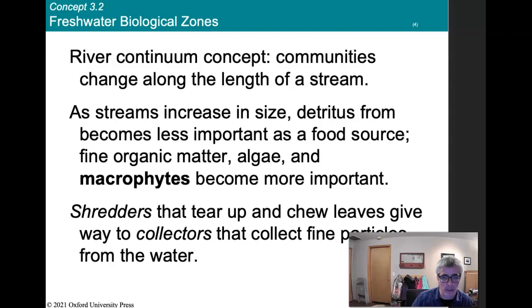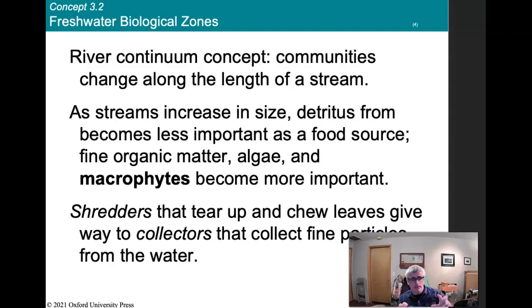And so this is what I referenced earlier, that there's a river continuum concept. As streams increase in size, detritus becomes less important as a food source, and fine organic matter, algae, and macrophytes become more important. So what the difference here is, detritus being nutrients from outside, leaf litter that falls in from trees, things from the riparian zone that fall in.